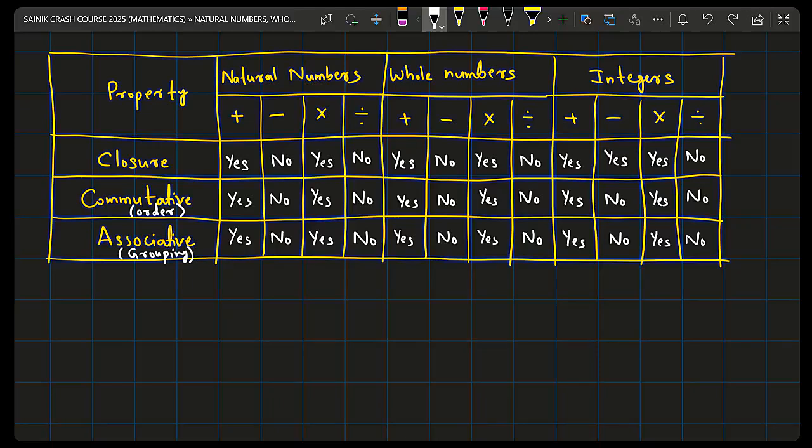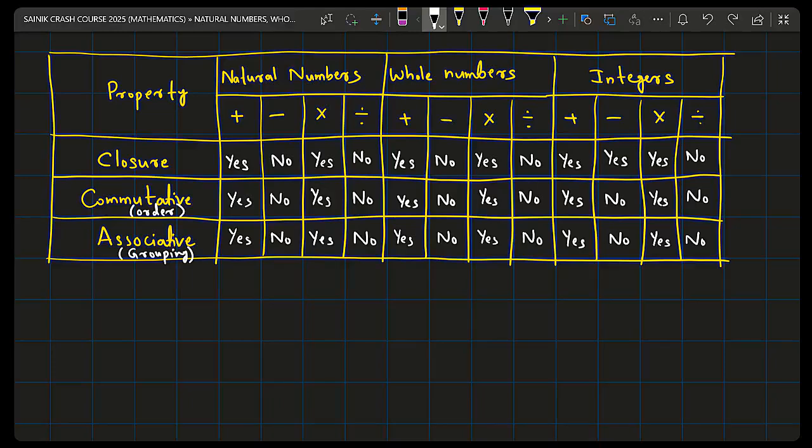Sir, division. Division. You take any two integers, Surya. Sir, 4 and 3. Find their quotient, 4 divided by 3. What is the answer? 1.333. Is that an integer? No, sir. So that's why they are not satisfying closure property. Okay.